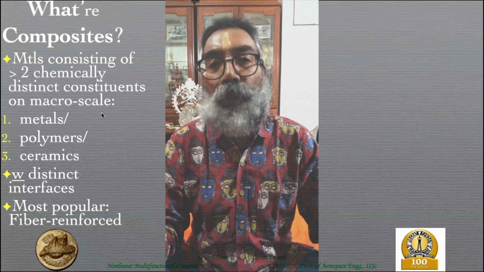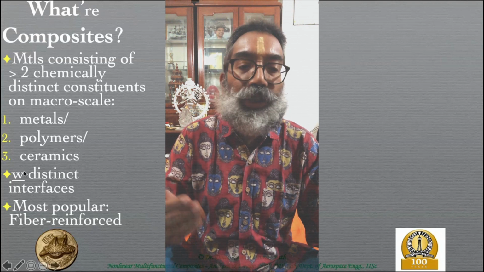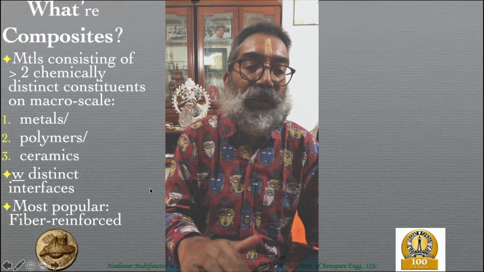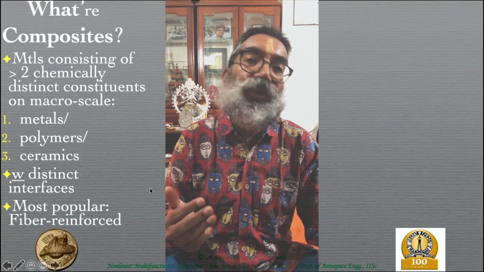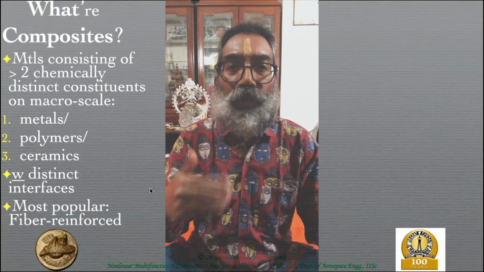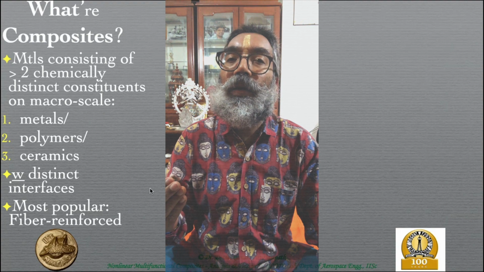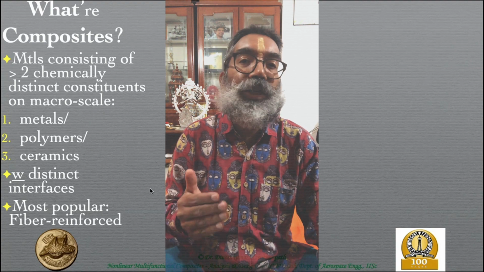Now, the most popular such composite which satisfies all of these criteria is the fiber reinforced composite. In other words, the reinforcement need not necessarily be a fiber. It could be a particle.